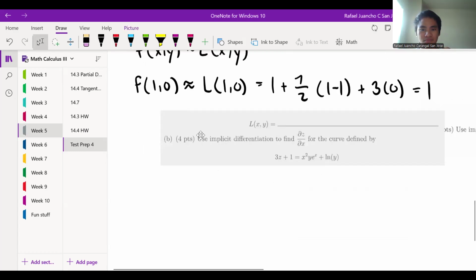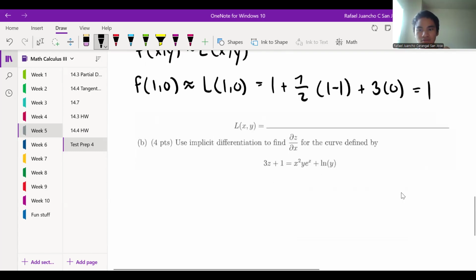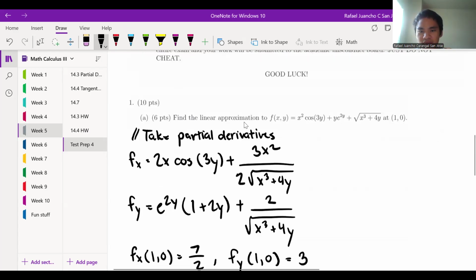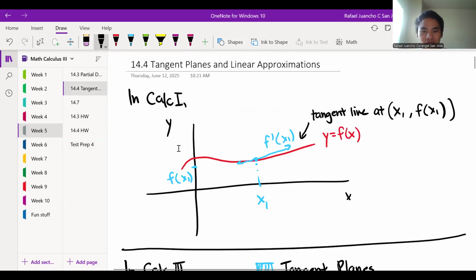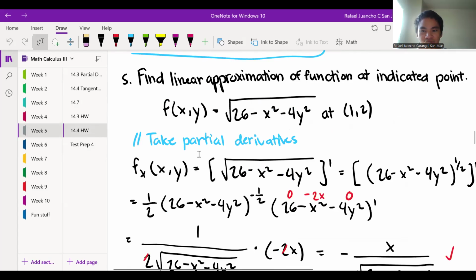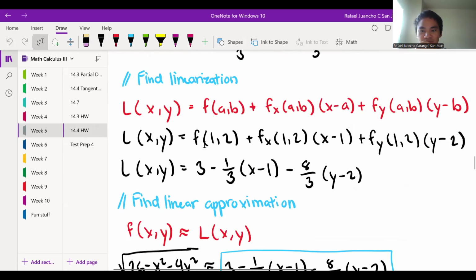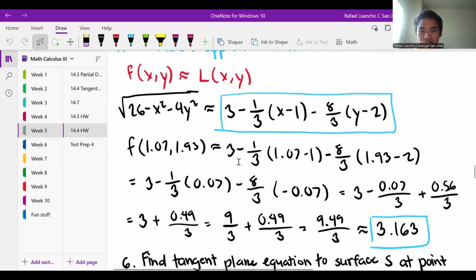Okay, let me. So LXY, which is 1. Find linear approximation. Yeah, that looks right. Let me just check. When we find the linear approximation at a particular point, we just take their partial, right? We find their linearization, and then we just plug it in.